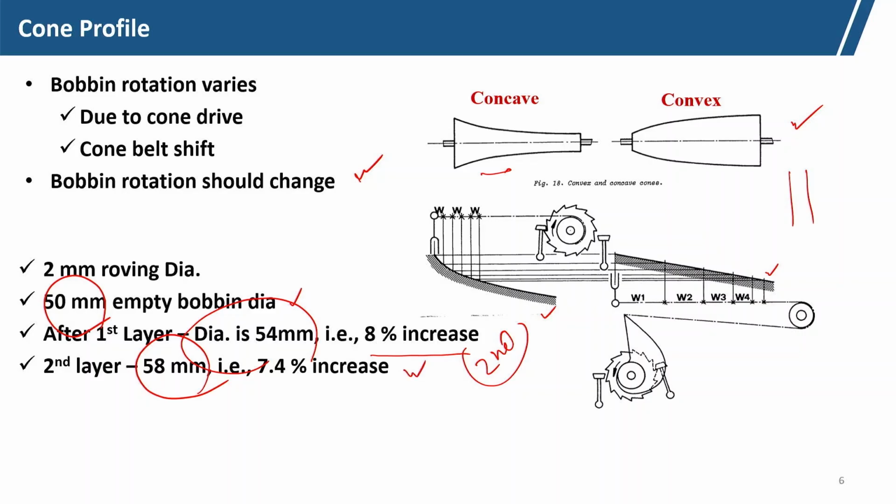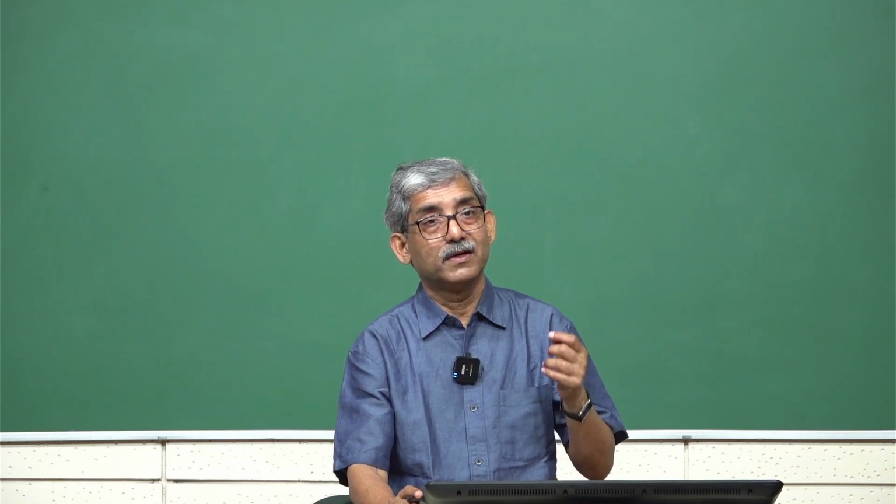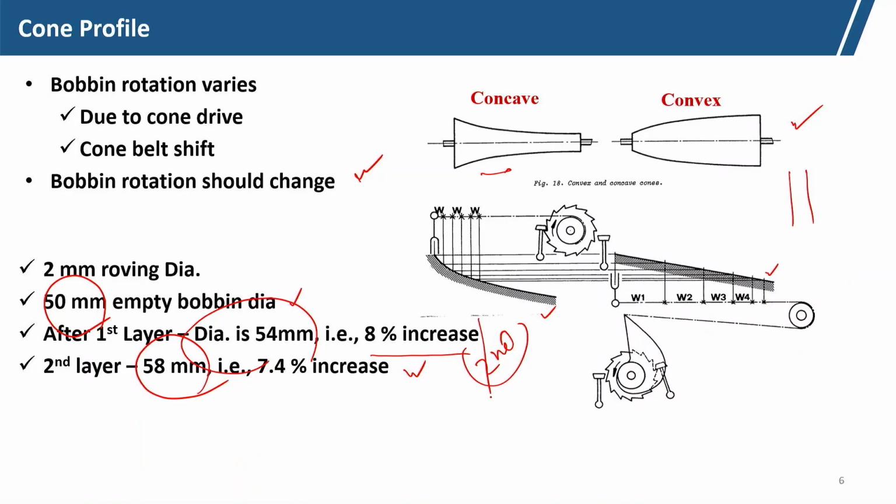So, if you see, the rate of change in diameter after every layer is reducing gradually. To match this, the bobbin speed has to be changed accordingly. It has been observed, and mathematically also we have seen, that this change in bobbin speed is hyperbolic in nature.